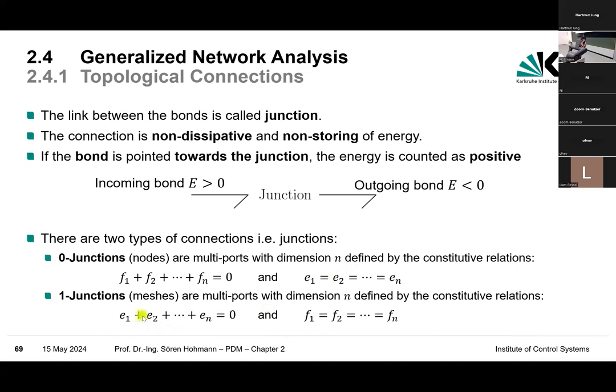At the very end, therefore, we talk about two types of junctions: the zero junctions, so-called nodes, where the flow sums up and the effort is equal, and so-called one junctions, which we depict in equivalent circuits usually as measures. The voltage or effort sums up to zero, but the flow is equal. These are the basic building blocks of every topological connection.